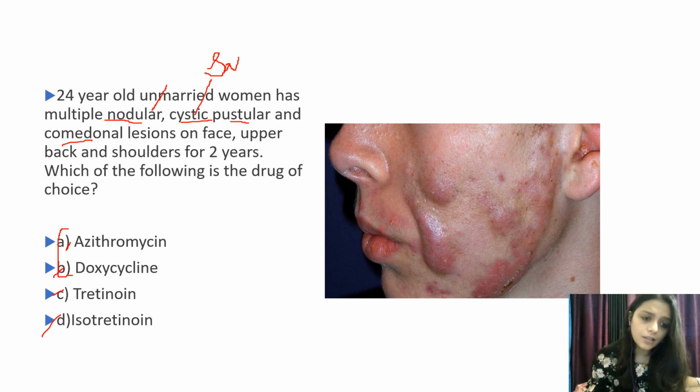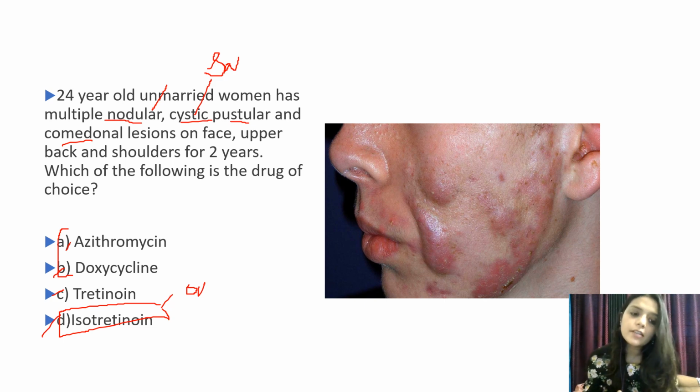We have another option which is known as isotretinoin. Isotretinoin means they are oral retinoids. What does retinoid mean? Tretinoin means they are some vitamin A derivative. If the patient is presenting with moderate type, which is the most common type, with some papules or pustules, we can give antibiotics as oral or topical.